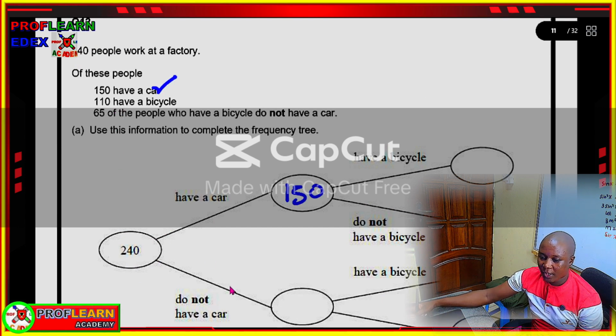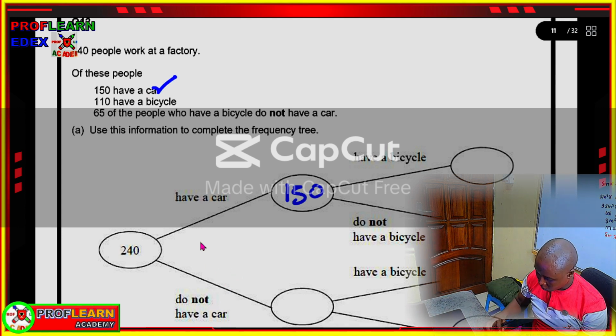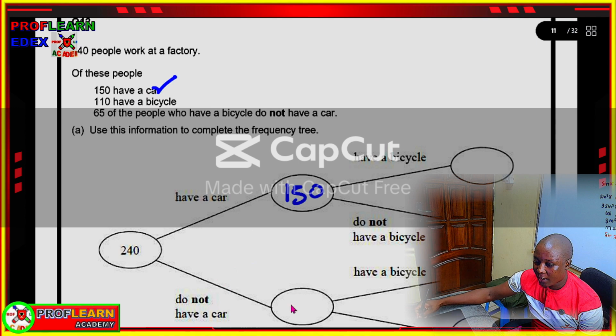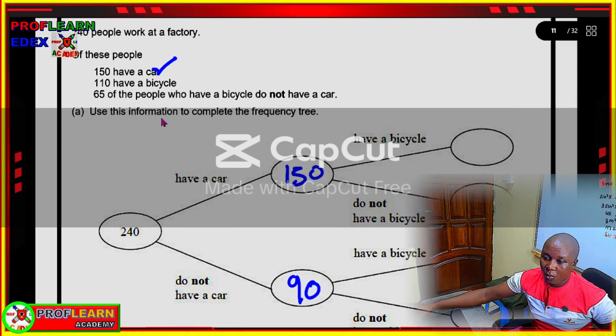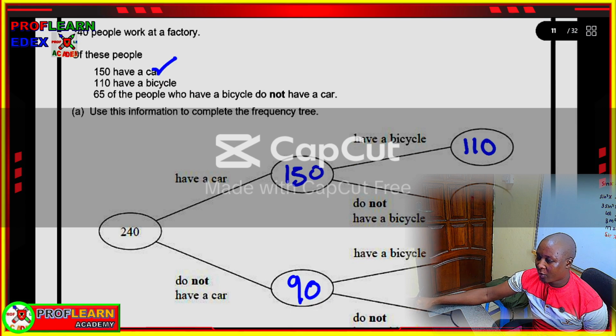Those that do not have a car will be 240 minus 150, and then we shall have 90 people who don't have a car, right? 110 have a bicycle, so those that have a bicycle are 110, and those that don't have a bicycle are 40 people.